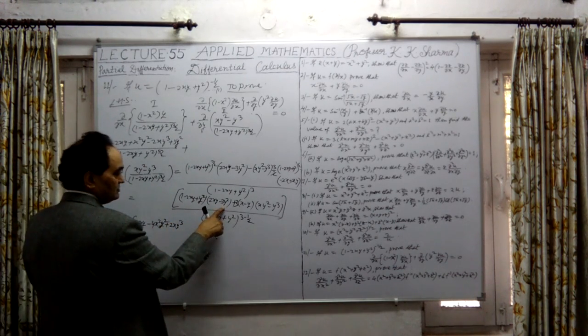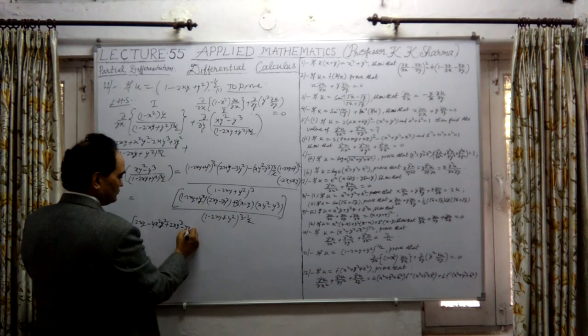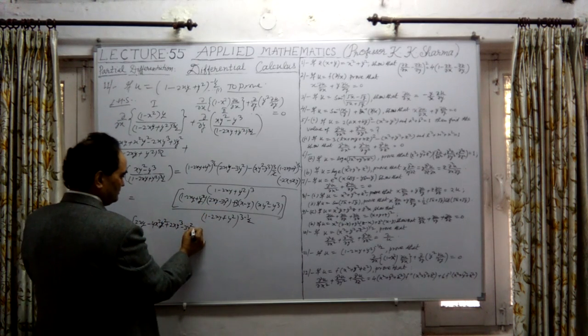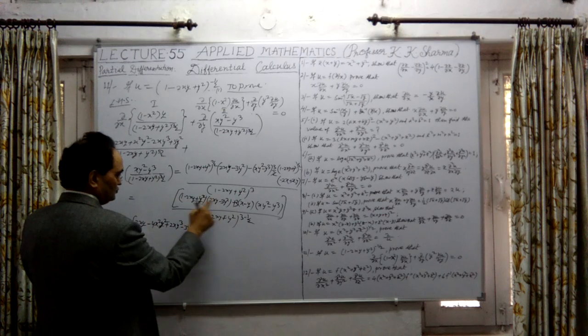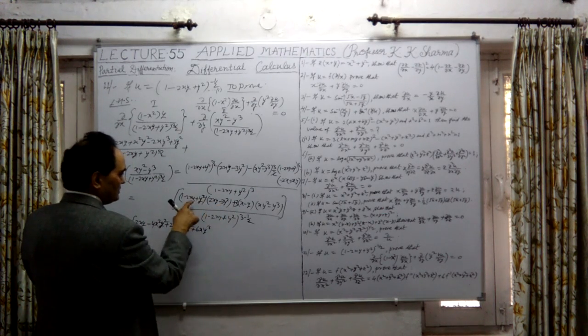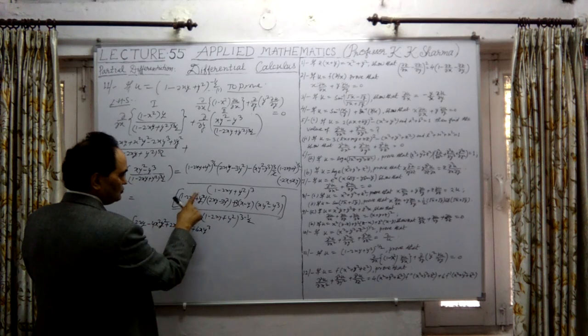Okay, now minus 3y square into these 3 parts: minus 3y square into 1 means minus 3y square, then minus times minus, that means plus 6, this is x into y cube, 3 into 3 is 6, plus 6 x as it is into y cube.